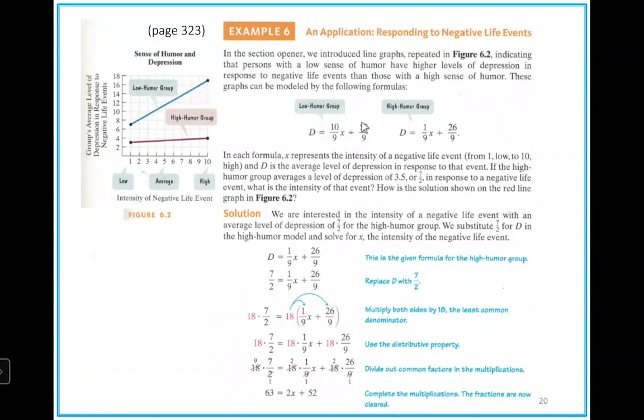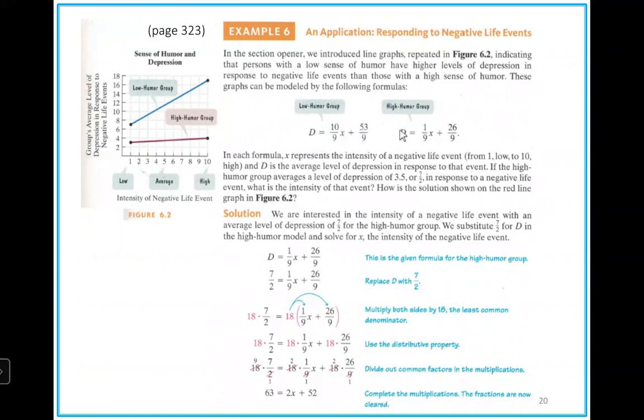So now they have these two formulas that they use here. For the low humor group, D is equal to 10 over 9x plus 53 over 9.